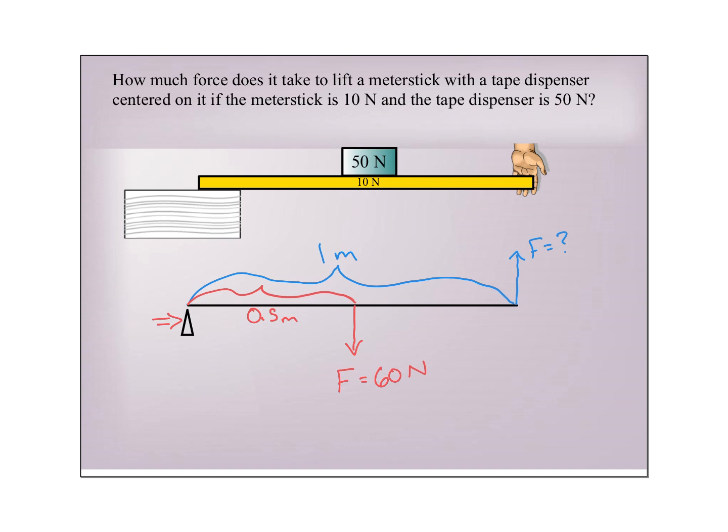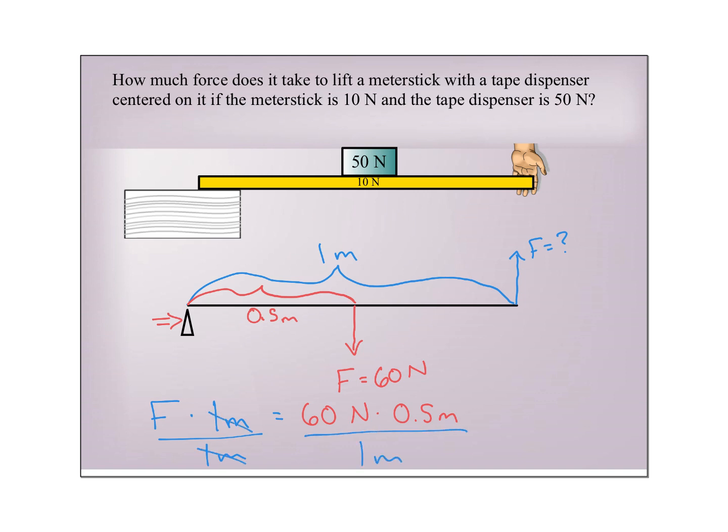So my F that I'm looking for times distance 1 meter is going to be equal to my 60 newtons times 0.5 meters. So when I go through and do that, I end up dividing both sides simply by 1 meter.